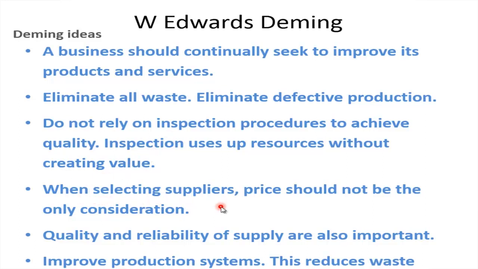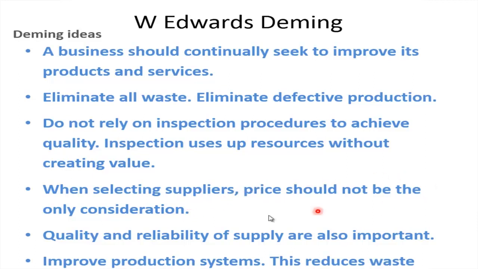When selecting suppliers, price should not be the only consideration. Without only considering the price, quality has to be there, quality and reliability. As you have seen as accountants, this is a good thing to remember. When selecting suppliers, most of the time in accountancy, they select the quotations that have bid at lesser prices.